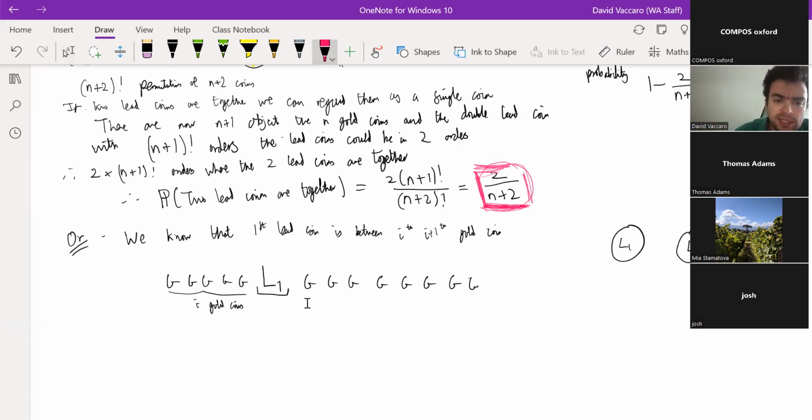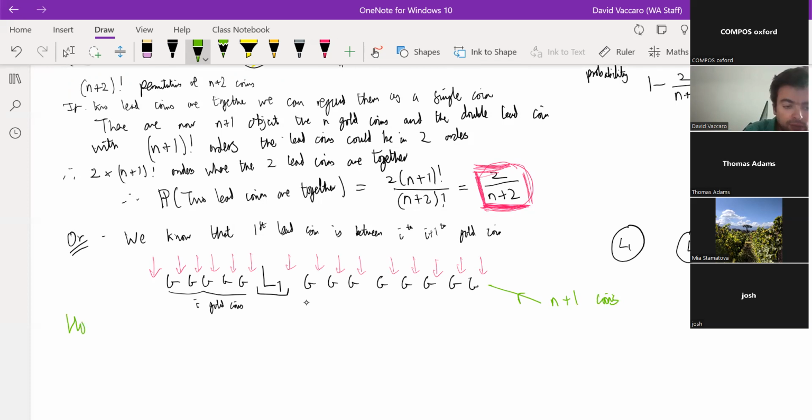So the second lead coin, which is L2, could slot in any of these gaps between or outside the first n+1 coins.